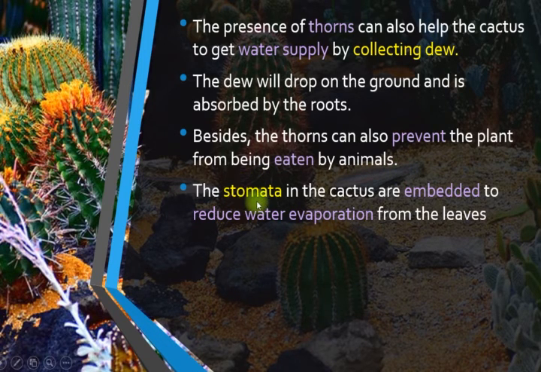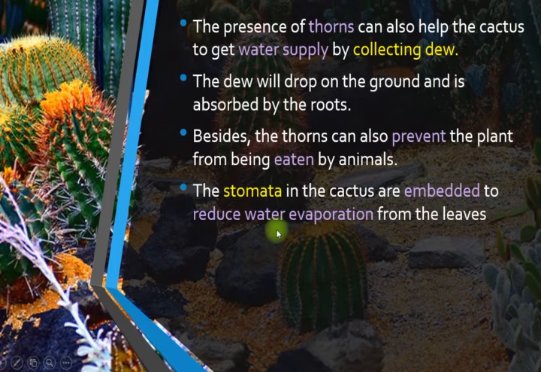And then the stomata in the cactus are embedded to reduce water evaporation from the leaf. So the stomata in the cactus are sunken, ditenggelam ke dalam batang, embedded, sunken. Why?